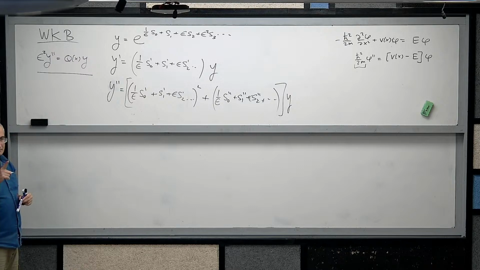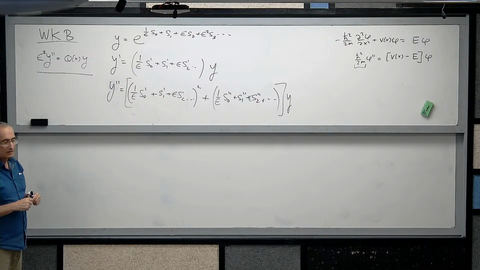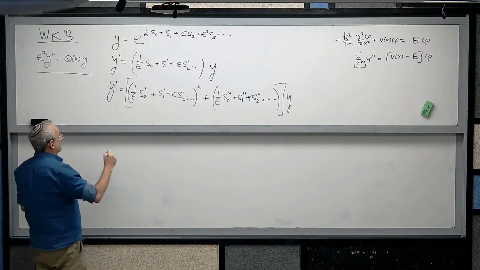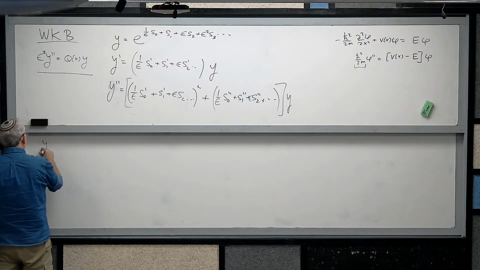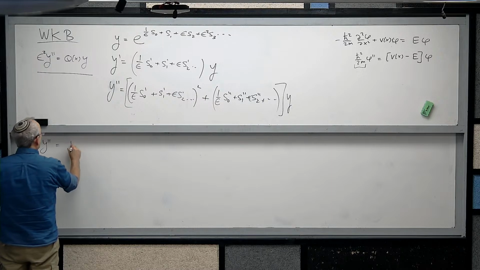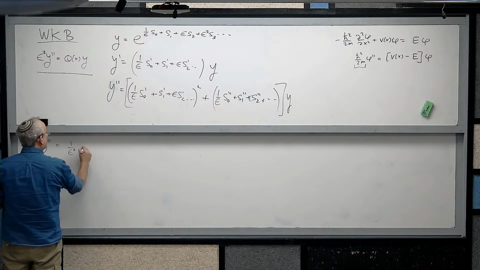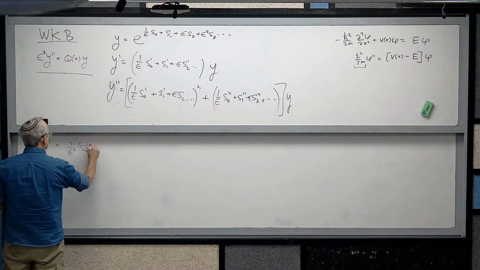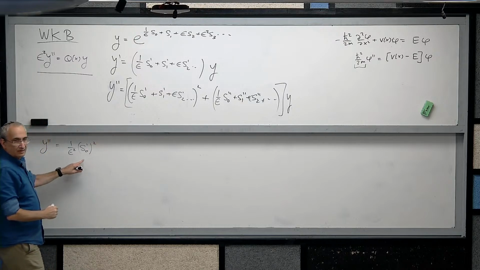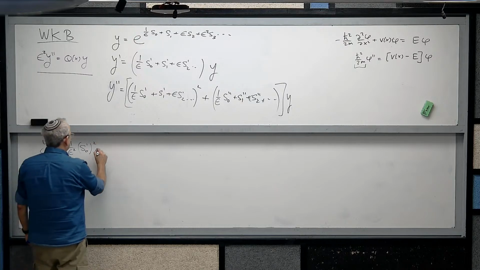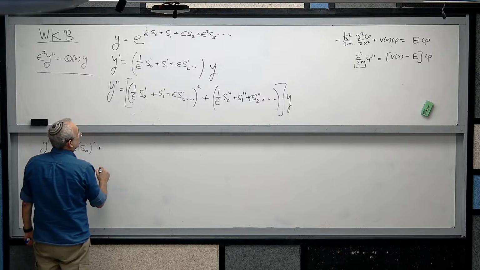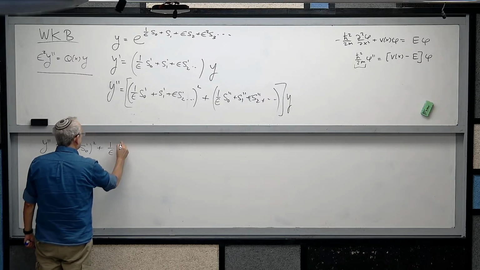S naught prime, the first derivative of S0. How does the leading term scale with epsilon? It's 1 over epsilon squared, S naught prime squared. So we can write y double prime as 1 over epsilon squared times S naught prime squared. Now what's the next term? I have 1 over epsilon times what?